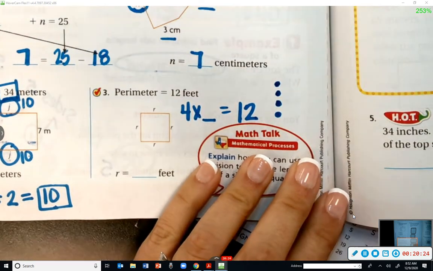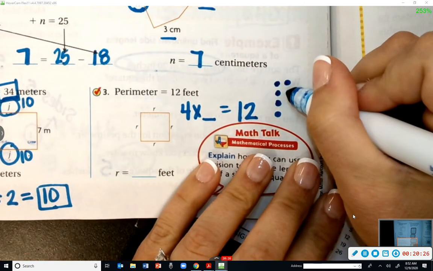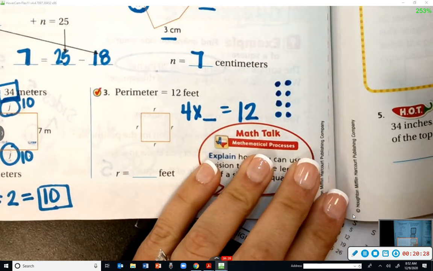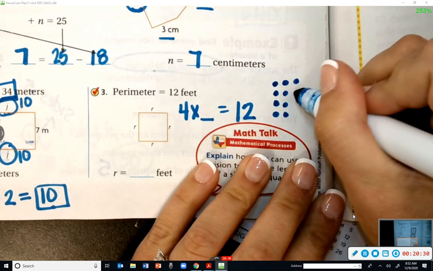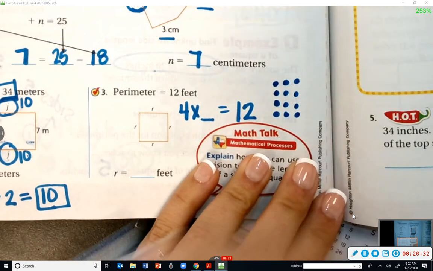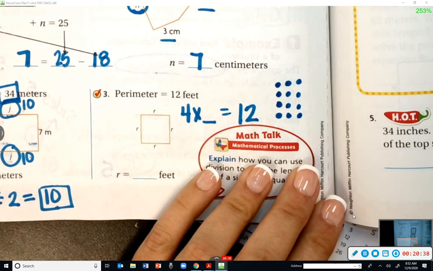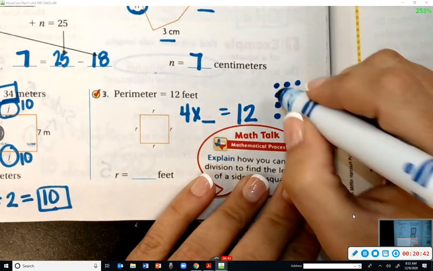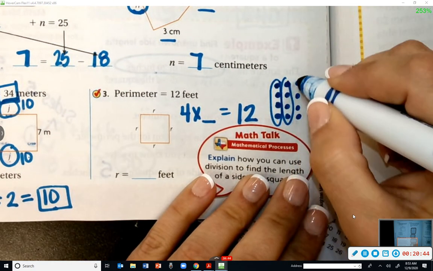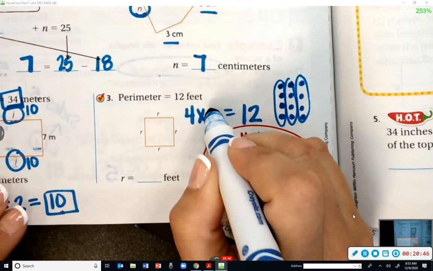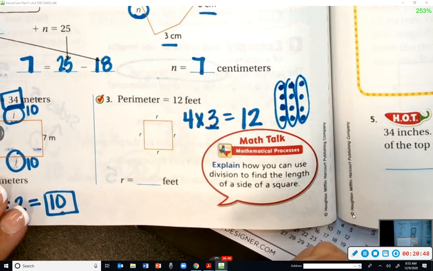So that's 4, 8, 12. How many columns did I make, Javea? Nope. 3. 1, 2, 3. So 4 times 3 equals 12.